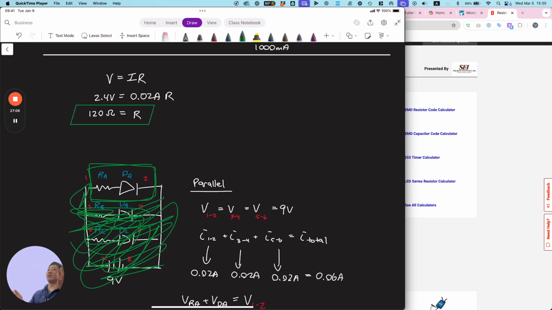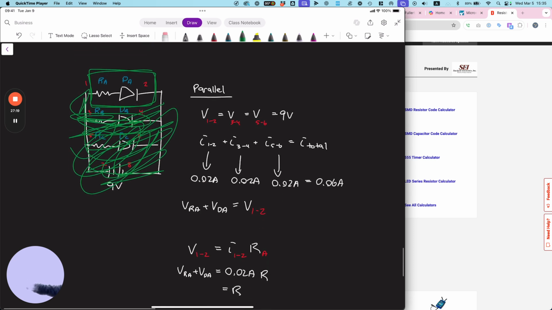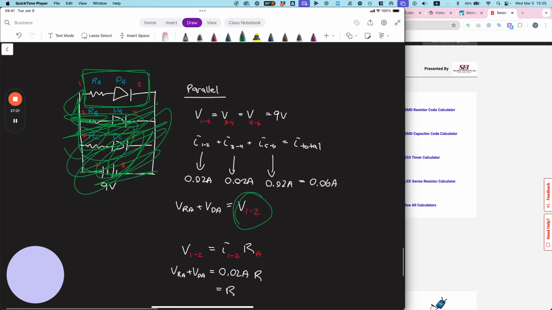Across the components, are the voltages the same, or are they the summation? The summation of the two. Yeah, they're the summation of the two. The current's the same. Okay, so we're calling that the total voltage 1-2. That's what I'm calling it. So you can see I'm doing a summation of RA and DA.